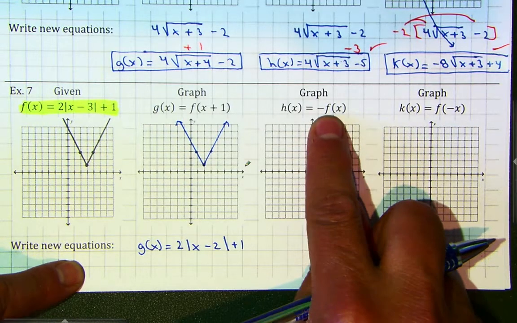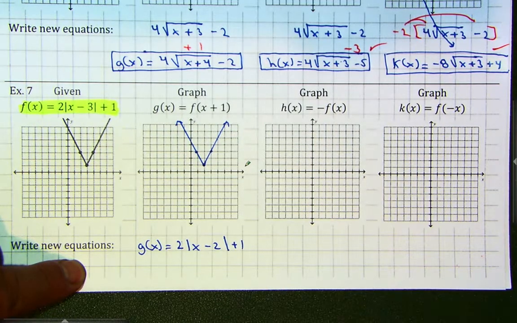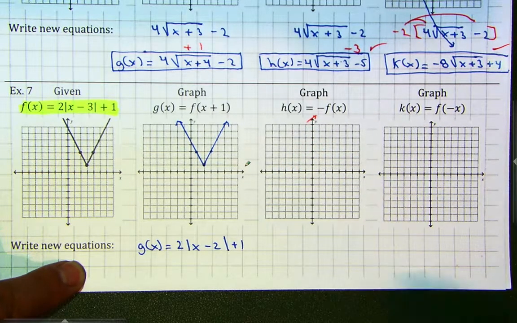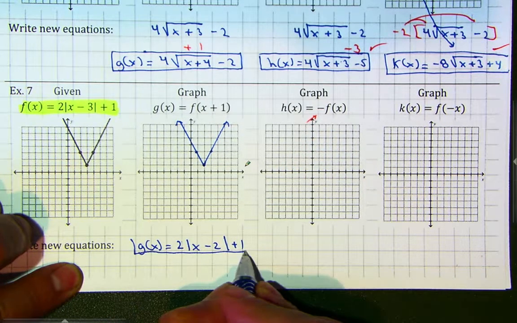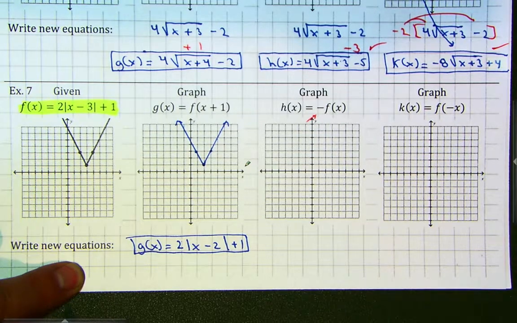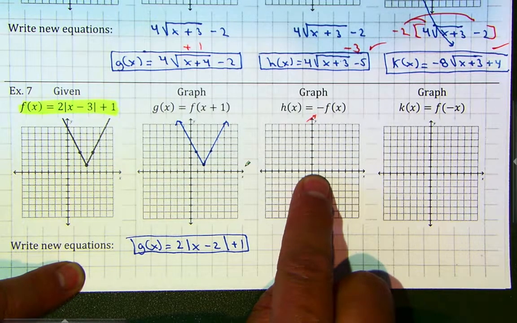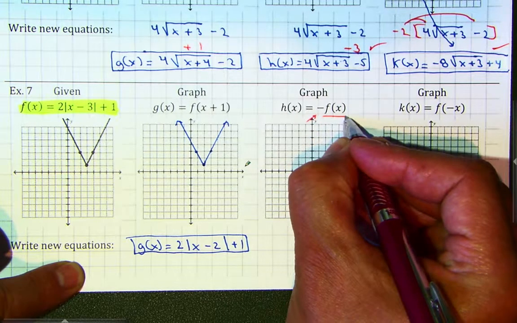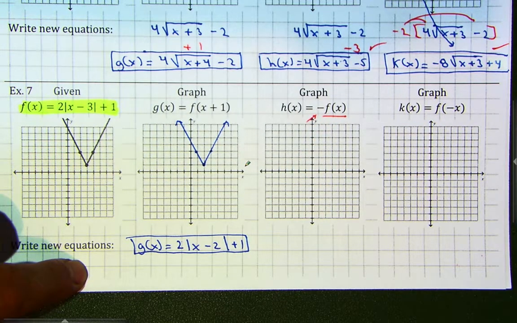How about the negative? What is the negative going to do to the graph? The negative is going to be a reflection on the x-axis. Remember, f of x is the y, so we're going to multiply each of the y values by negative.